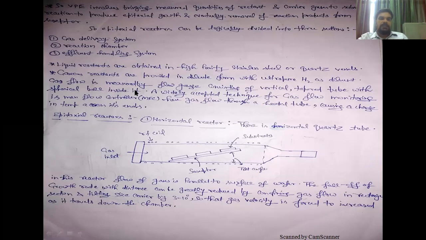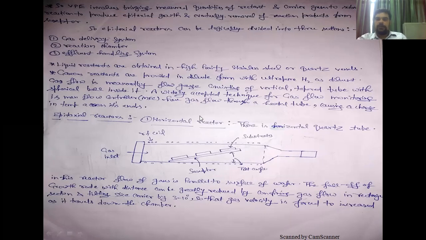Now this gas flow is measured by a flow gauge consisting of a vertical tapered tube with a spherical ball inside it. A widely accepted technique for gas flow monitoring is called the mass flow controller. Here the gas is flown through a heated tube, causing a change in temperature across its end.